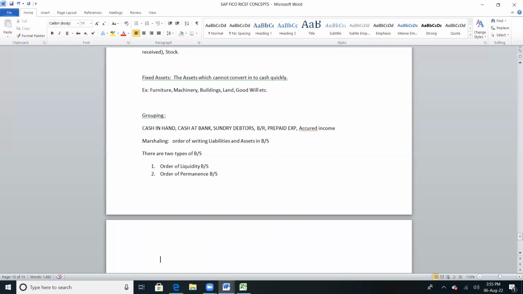That is cash in hand. And the least liquid asset will be written last. That is goodwill.